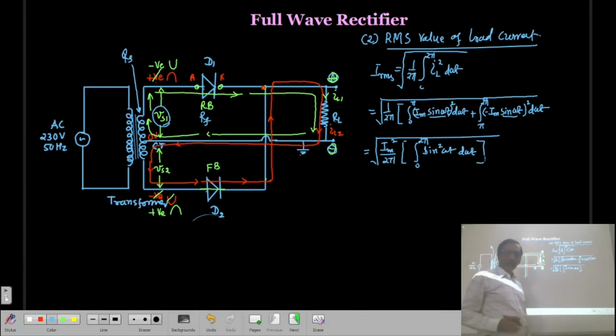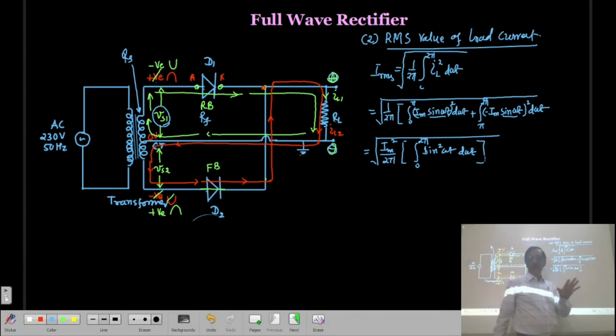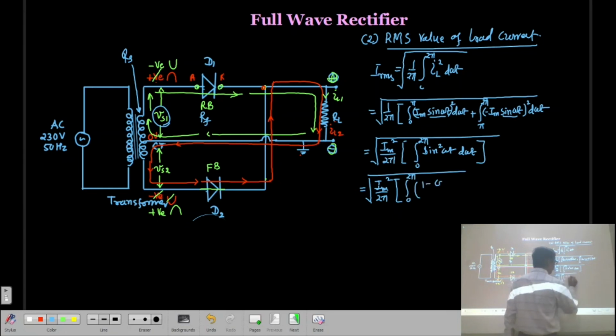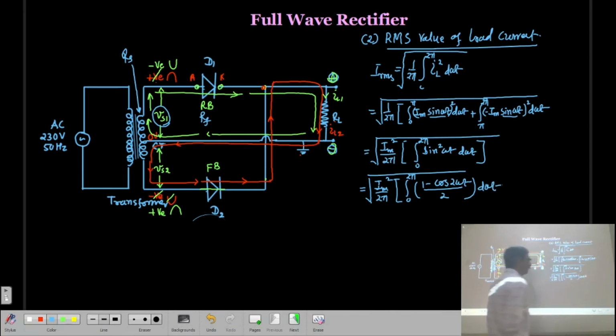Remember here in both the integrations the function is the same, sin square omega t, so we can combine this integration from 0 to 2 pi. This is equal to Im square by 2 pi, and to solve this integration from 0 to 2 pi, now instead of sin square omega t, we write 1 minus cos 2 omega t divided by 2 d omega t.